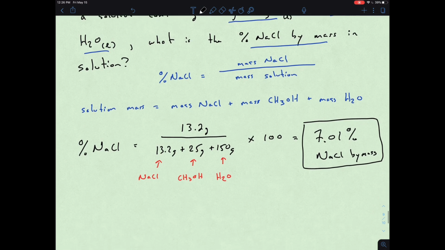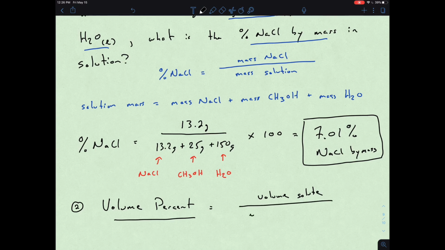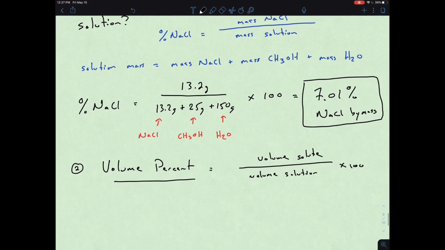Another way we can describe solutions would be by volume percent. That would be very similar, now just in terms of volume: the volume of the solute divided by the volume of the solution times 100. So again, it's like a conversion feature for us.